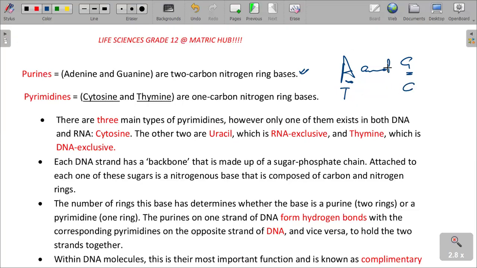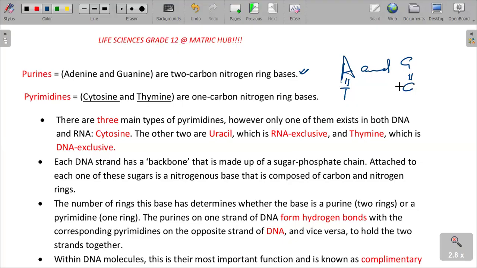With the C here. What is important is for you to understand that complementary pairing happens because of the two classes that are joining together.